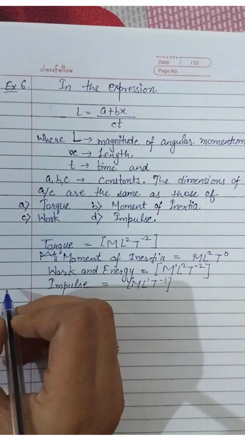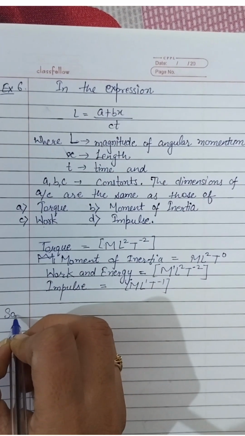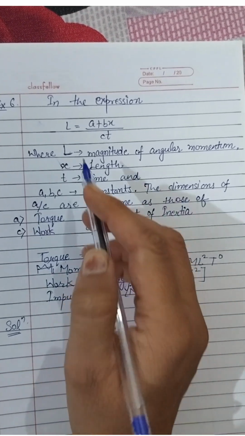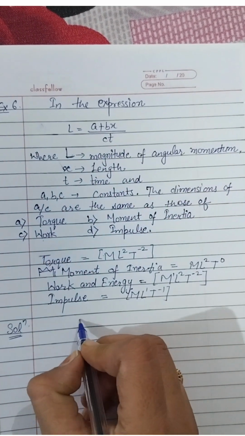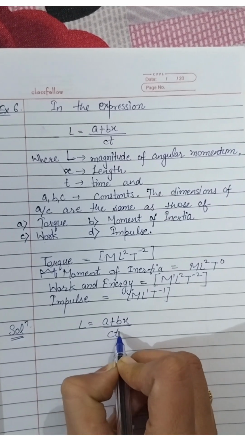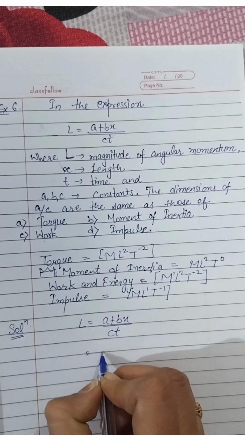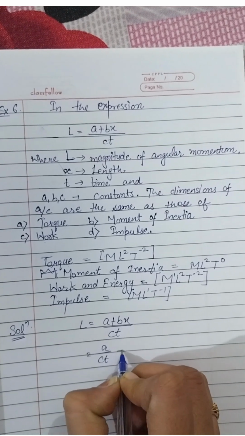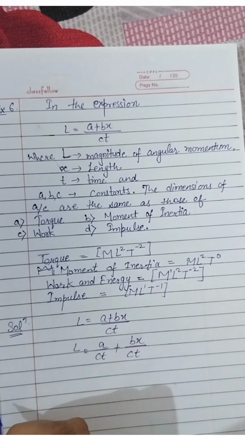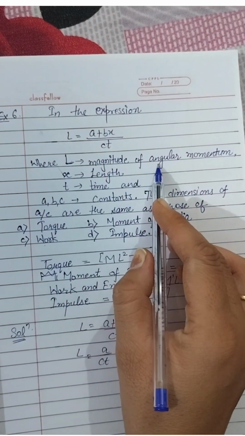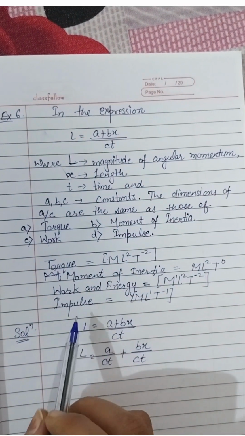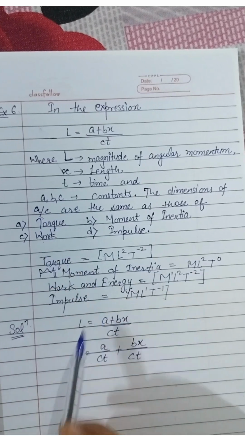Now according to the expression, we find the solution. Here the given equation is L is equal to A plus bx upon ct. We can write it as A by ct plus bx upon ct, that is equal to L. L is the magnitude of angular momentum, and we have to find A by c.